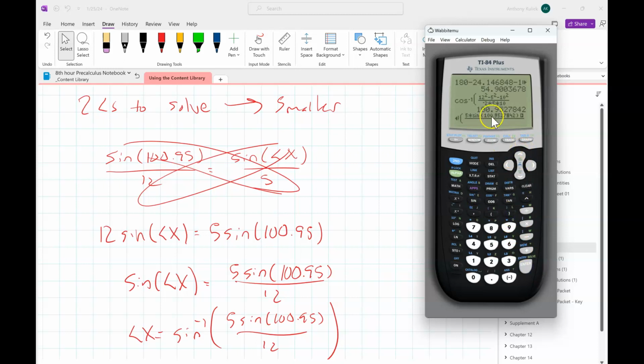So 5 times, and notice I just went up and grabbed the number rather than try to type all of those decimals in. And enter, so I get 24.15.